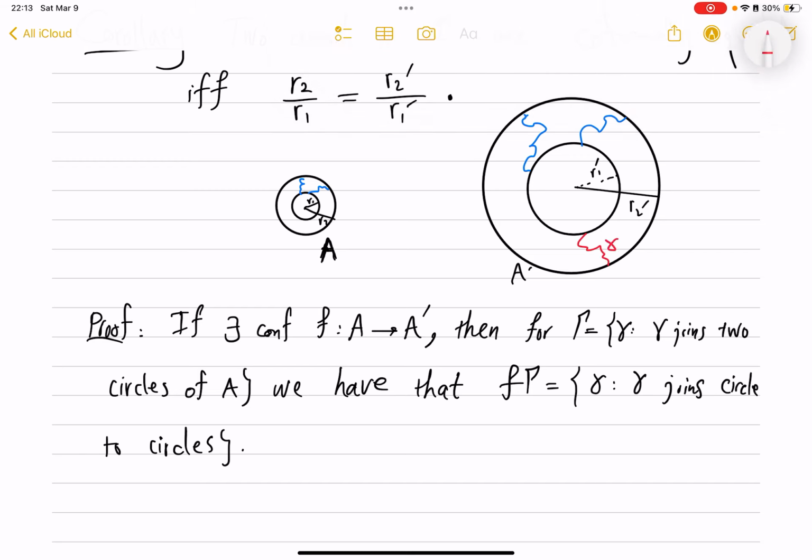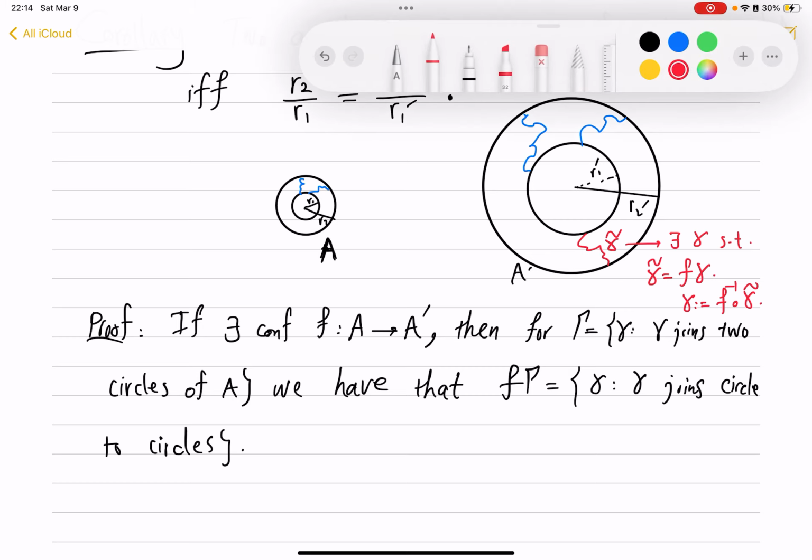And what I'm trying to show here is that if you have a curve here, then there does exist some gamma such that gamma tilde is f of gamma. Simply take gamma to be f inverse, which is another homeomorphism, of this gamma tilde. So there is this one-to-one correspondence between the path family here and there.